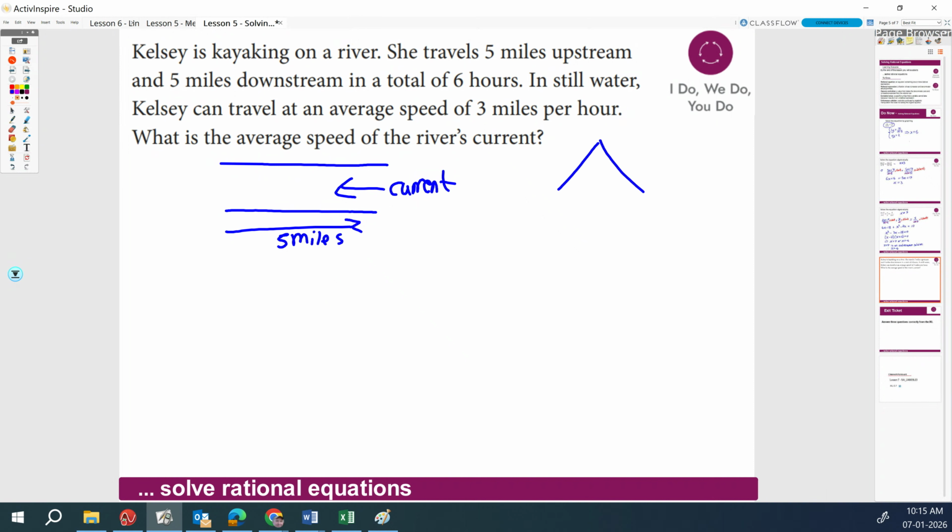We're going to be using speed is equal to distance over time, and we're going to make an equation based on the time. So our total time is going to be equal to the time upstream plus the time it takes to come downstream. This gives us a total time of 6 hours is equal to the time it takes to go upstream.